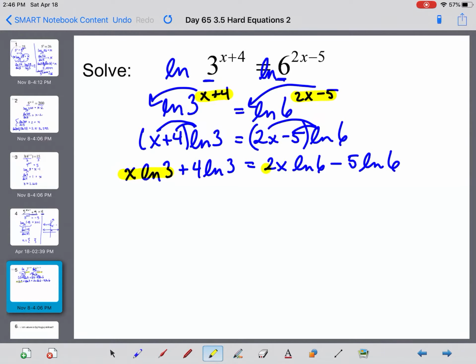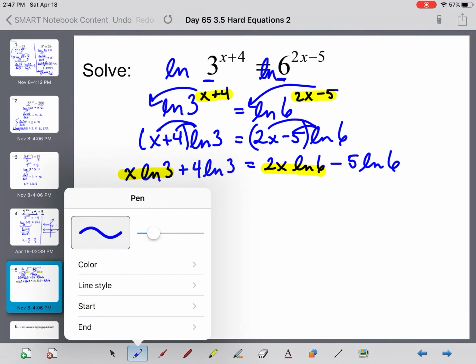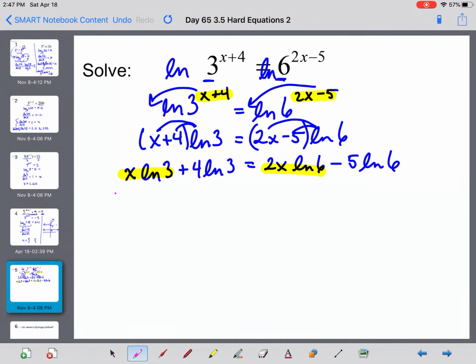Now, if you notice, we have x's on both sides of the equation. My first step when I'm solving the equation is I do want to get the x's to be on the same side of the equation. So I'm going to go ahead and subtract x natural log of 3 from both sides. I'm just going to subtract that entire thing.